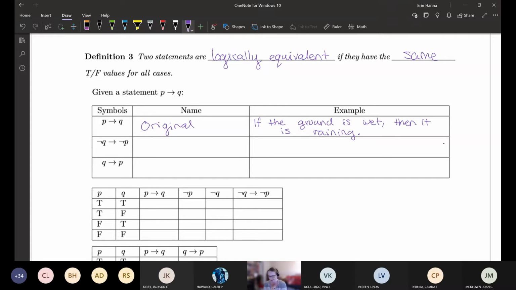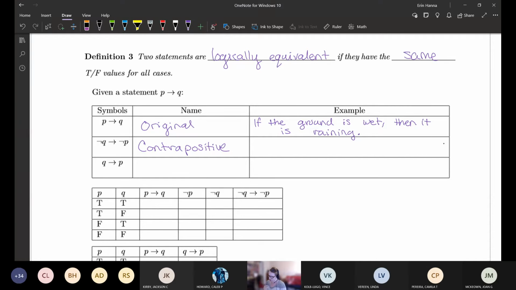So if we essentially flip them around and negate both of them, so we turn it into not Q implies not P, this is called the contrapositive. And this is going to come back up next chapter as well.